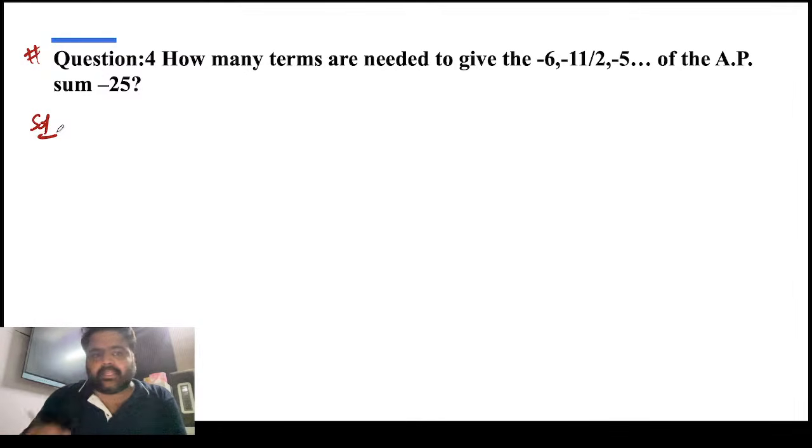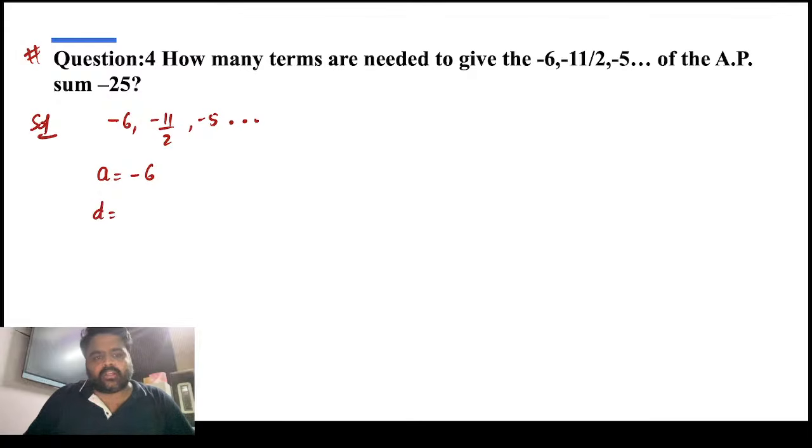How many terms are needed to give the sum as minus 25? The series is minus 6, minus 11 by 2, minus 5, and so on. The value of A is equal to minus 6.